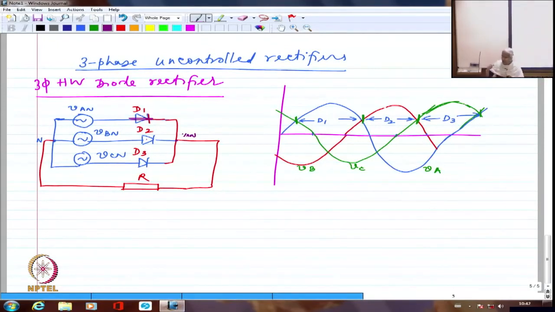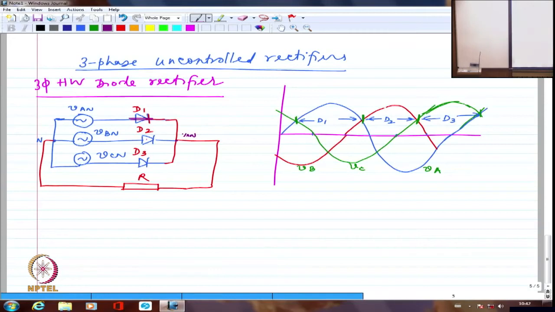And if I try to look at VBA or VCA, because A is the maximum, VBA as well as VCA have to be negative. There is no other way. The maximum is A. Rest of them are all smaller. So VB minus VA or VC minus VA, all of them have to be negative. There is no other way.